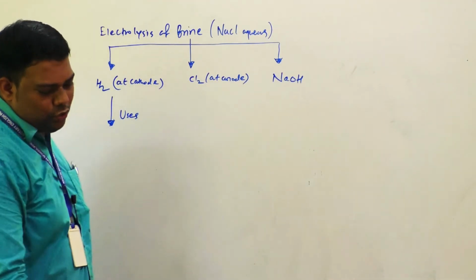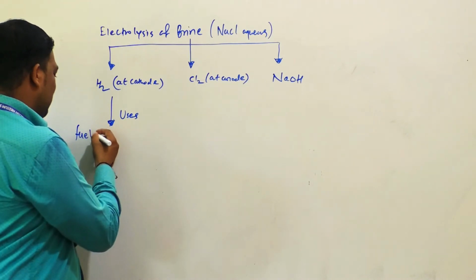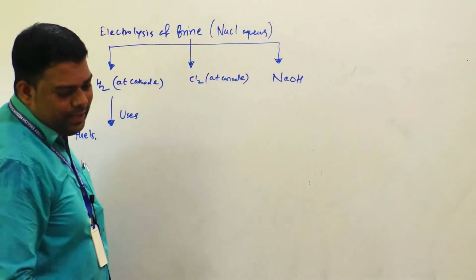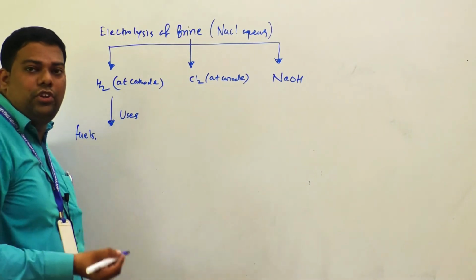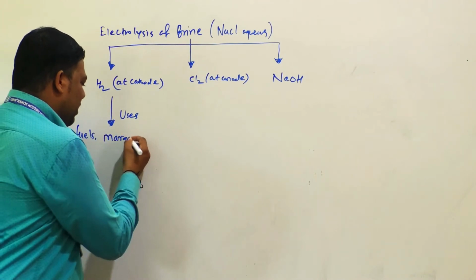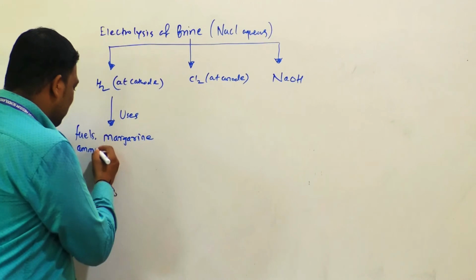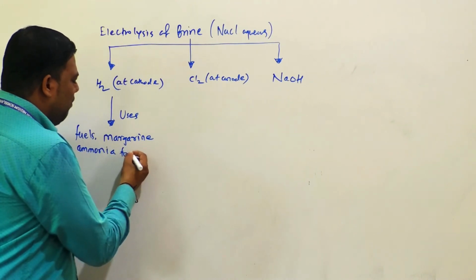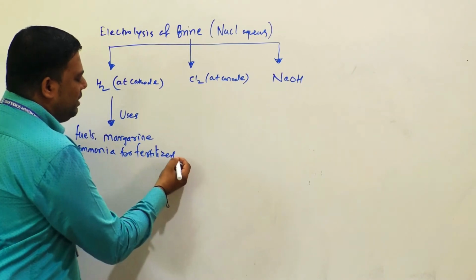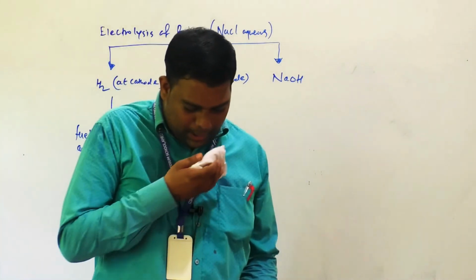If you are considering uses of this, how can we write uses? Many uses: in fuels, margarine, ammonia for fertilizers. So beta, basically what does this margarine for fertilizers mean?